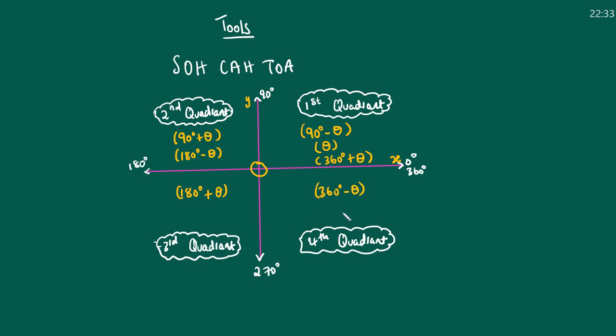Great stuff. When you simplify it, you can say that in this quadrant you just have theta, and in there you just have 180 minus theta.